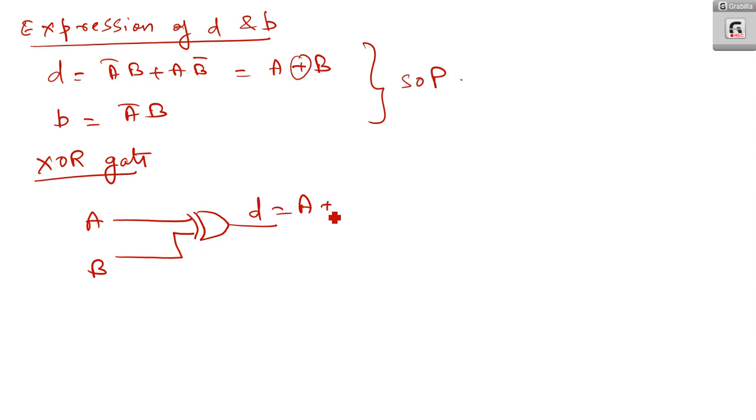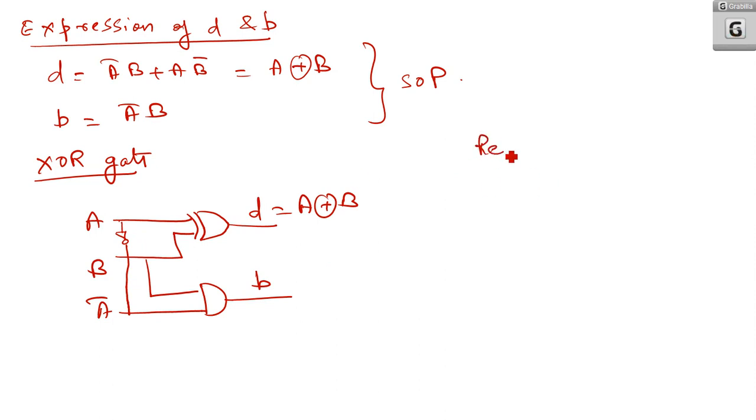D is A XOR B. What is borrow? Borrow is A bar B. So if I am having A bar and B, you will get borrow, and if you need, you can connect a NOT gate to A bar. So this is realization using XOR gate.